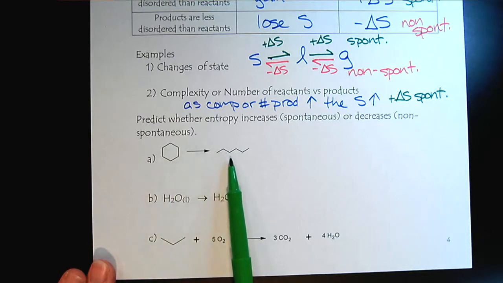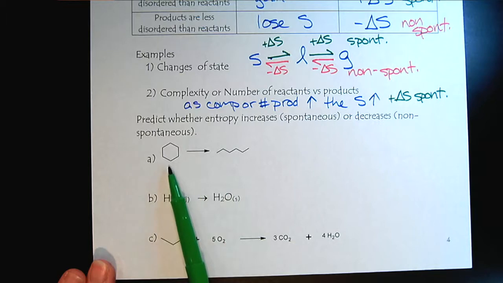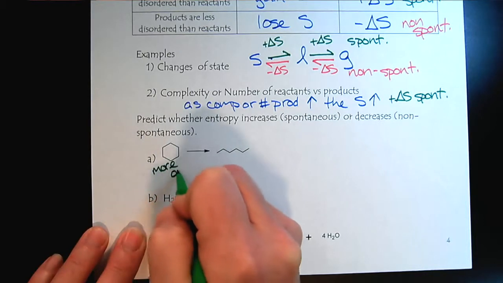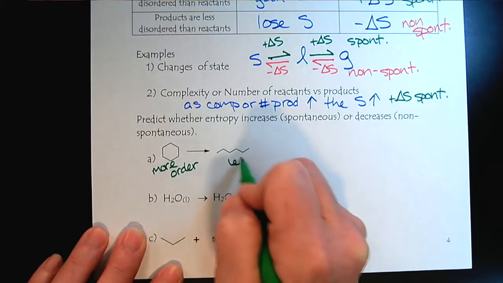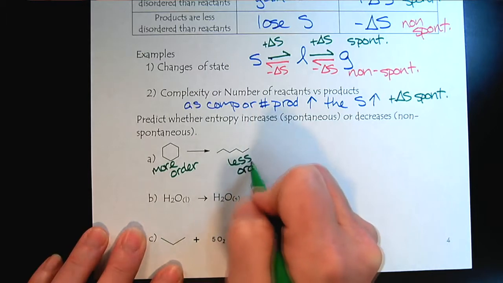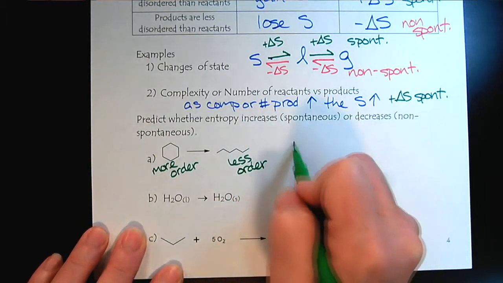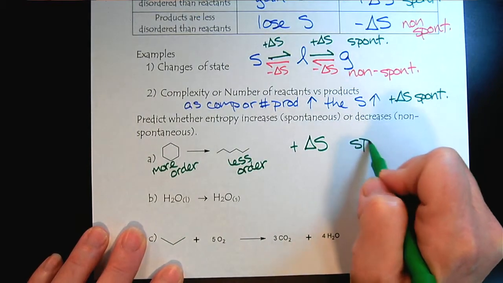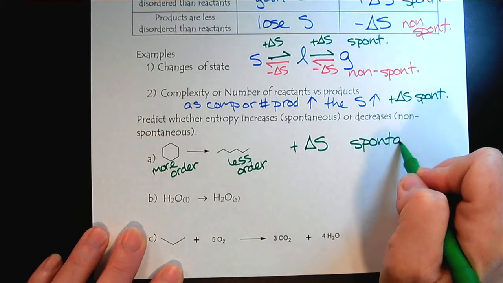Think about all of the different conformations that the straight chain can go into that are not possible because the ring is closed. So there's more order in a ring and less order in a chain. This is an example where we increased our entropy, and so we would describe it as spontaneous.